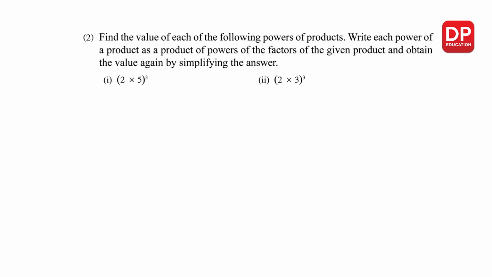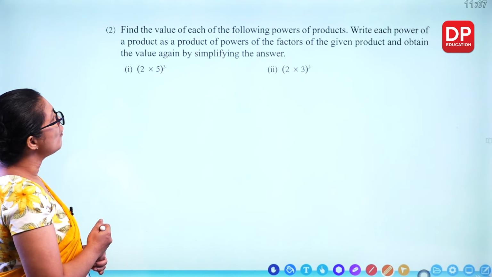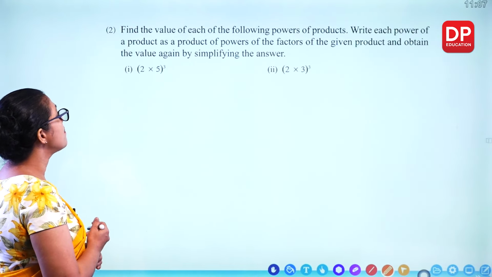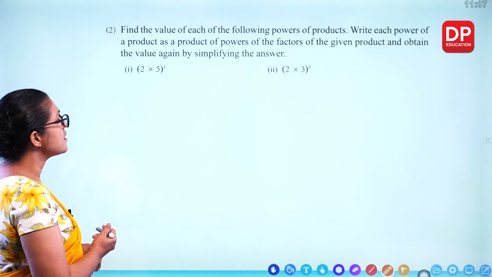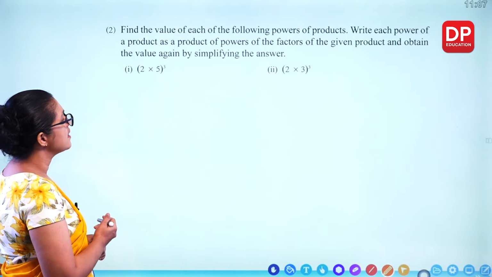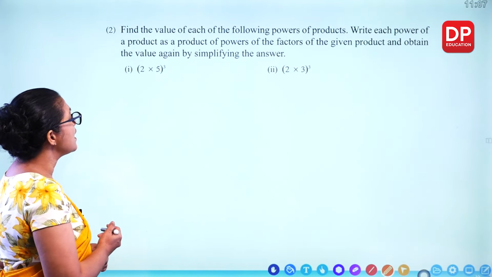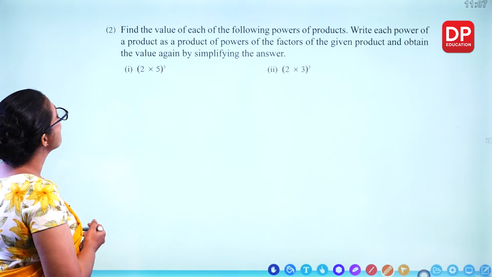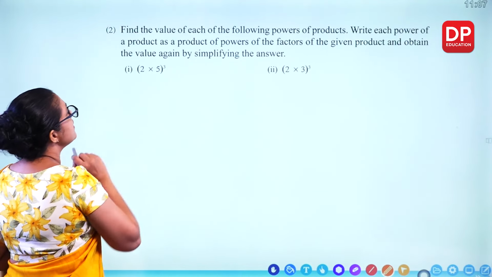Question number 2. Find the value of each of the following powers of products. Write each power of a product as a product of powers of the factors of the given product and obtain the value again by simplifying the answer. How can you write this one?